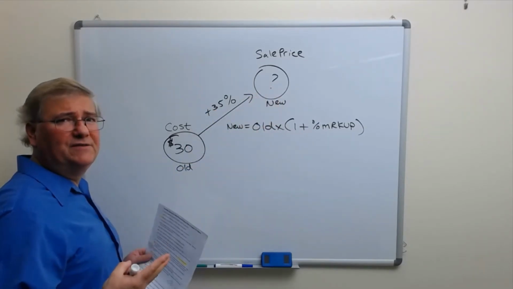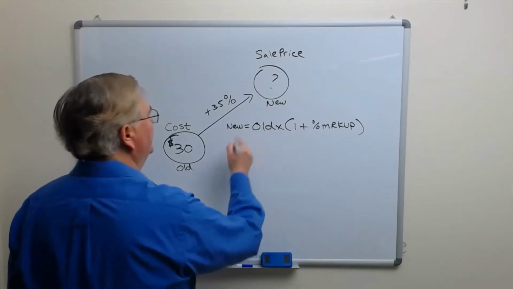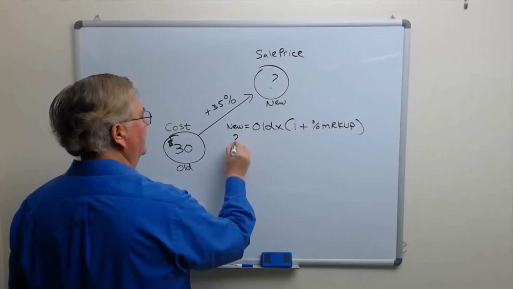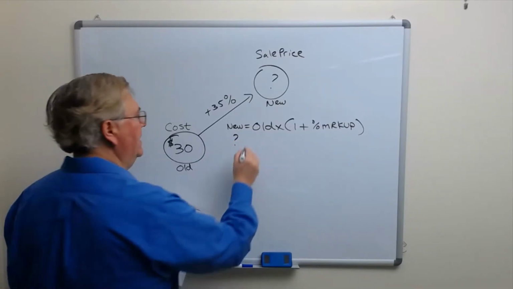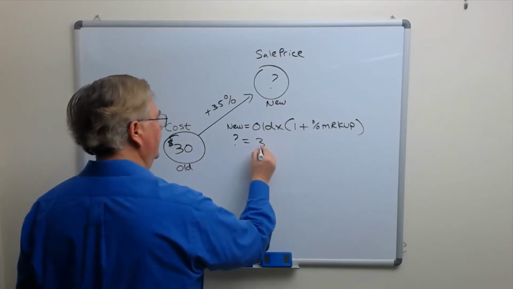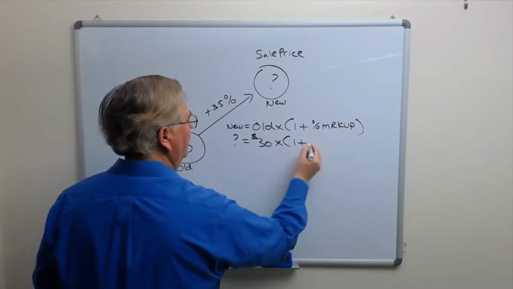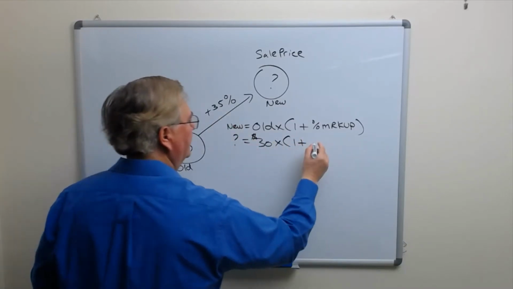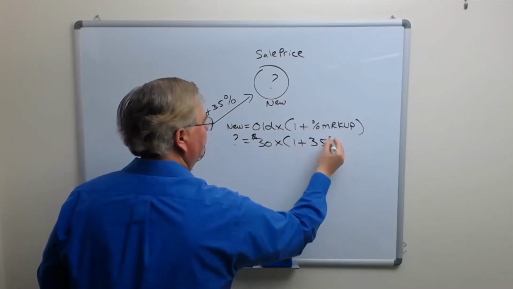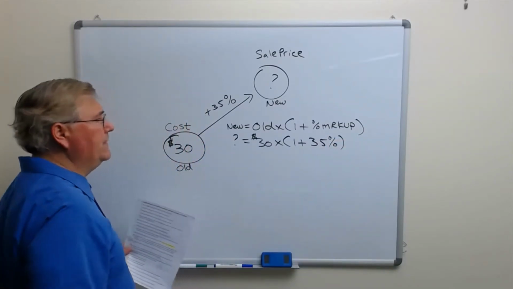You're always given two pieces of the puzzle, and you're asked to solve for the third. Okay, so the new price is what we're looking to solve for. The old price we're given, the cost price, which is $30 per soccer ball, multiplied by 1 plus the percentage profit that Mr. Cheevers is looking to make per soccer ball.